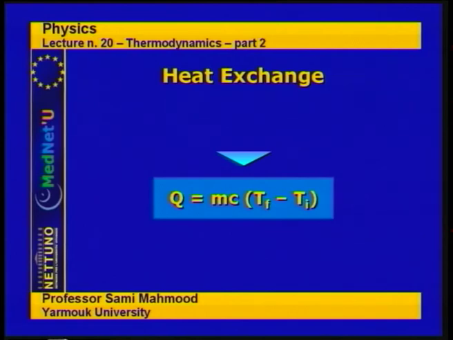Thus, m times small c is the heat capacity that we have defined in the previous equation.